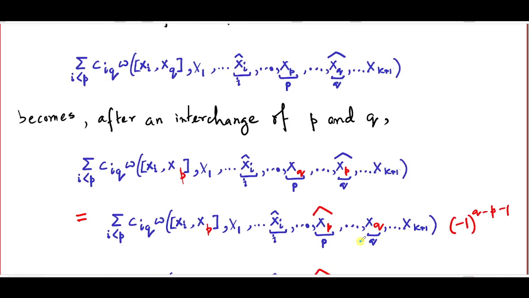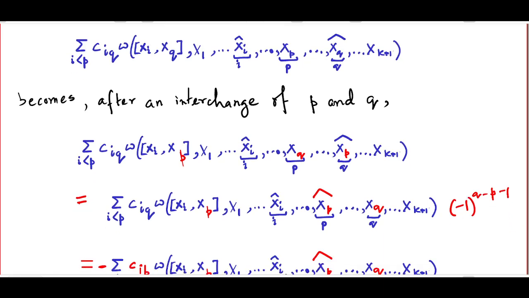So once again, I can make it look like the terms in the original series by moving the xq back here to its rightful position, so to speak. And for that, again, you have to go across q minus p minus 1 vector fields sitting in between, and this is the factor you would accrue.